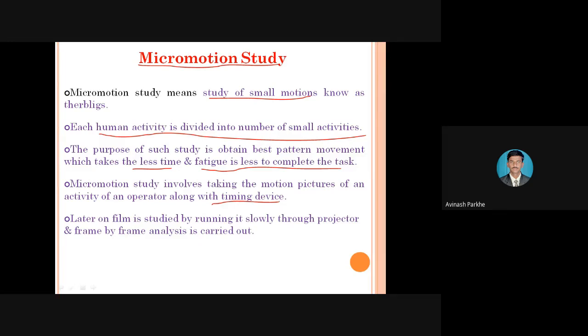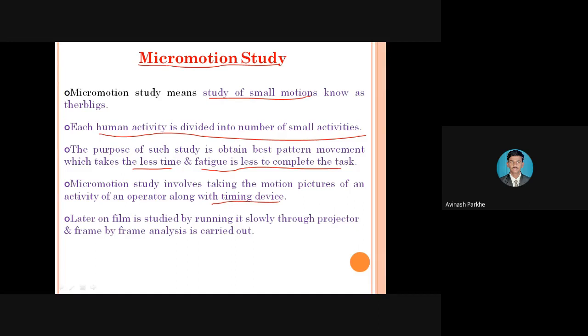From the starting point to the end point, whatever number of activities the operator is performing, all those activities can be recorded in the form of motion picture. During that recording, we have to measure the time required for each and every activity. For example, we are performing a drilling operation, and the drilling operation is further divided into 5 activities.